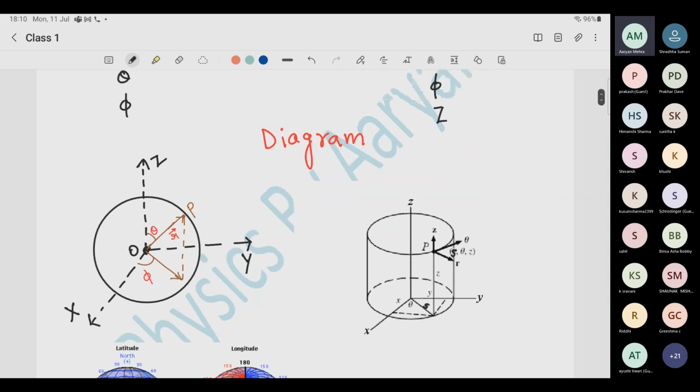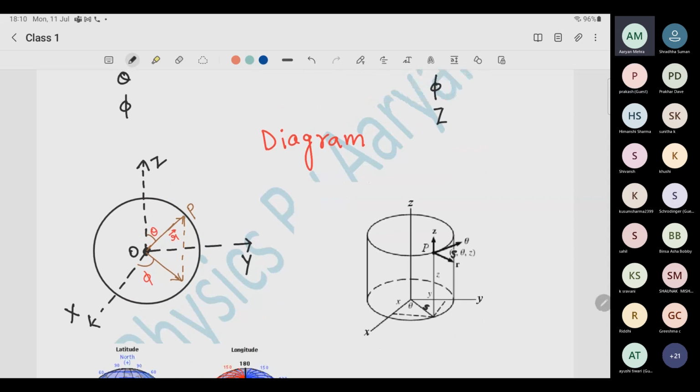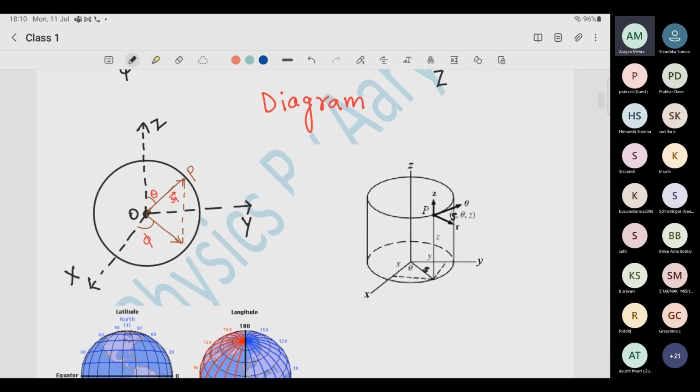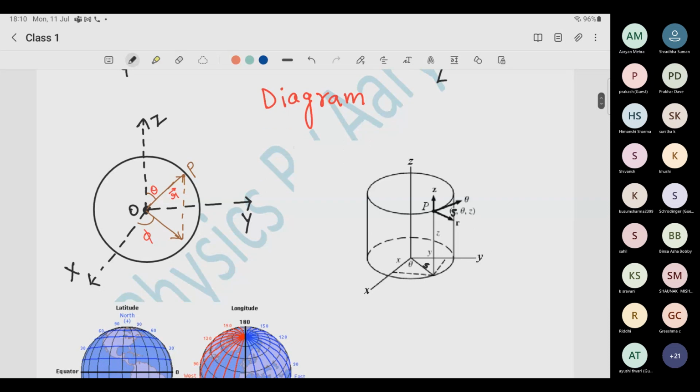So here there is a point in space and O is the origin. I want you to see the left diagram of the sphere. O is the origin. First we define an origin. Then we have a point P in space. How will we define this point? One is R. What is R?